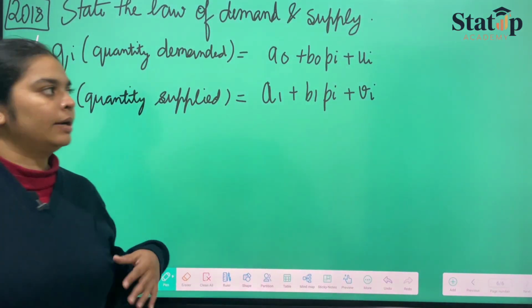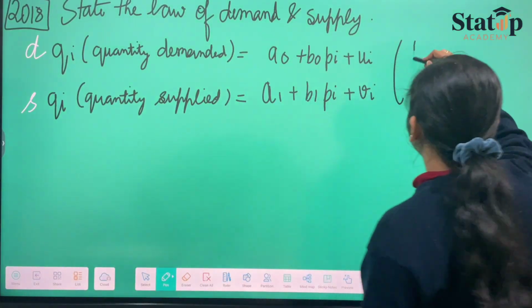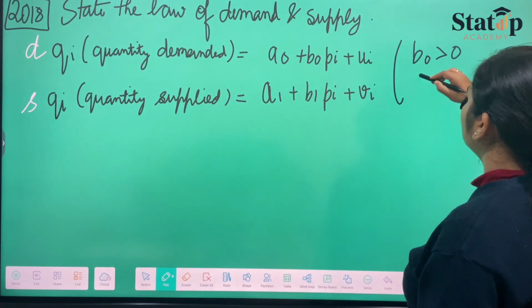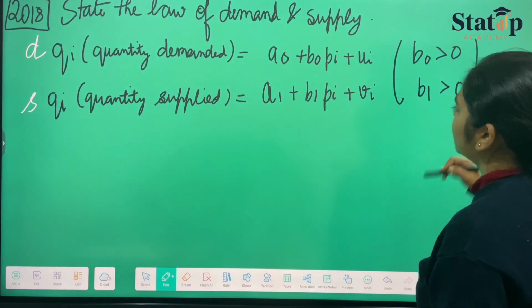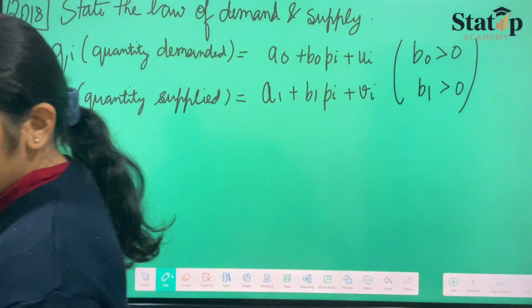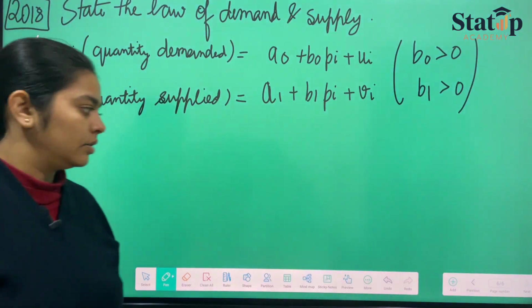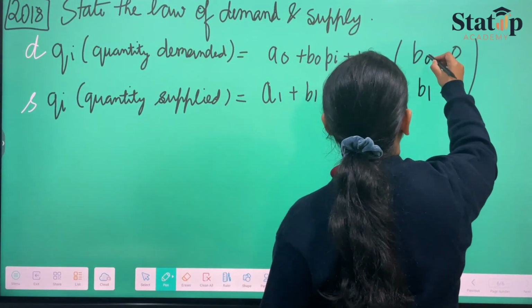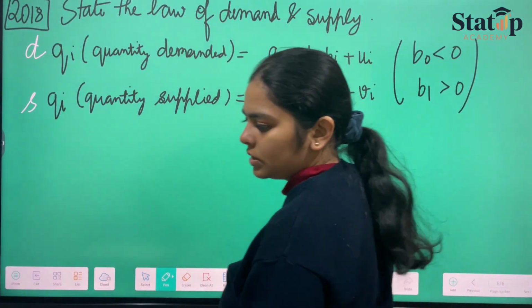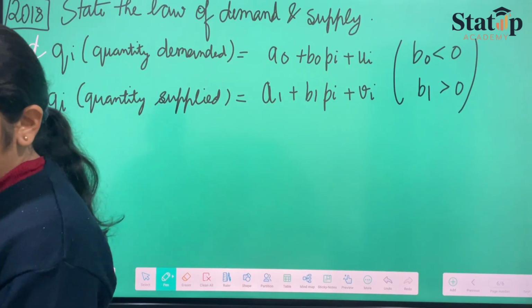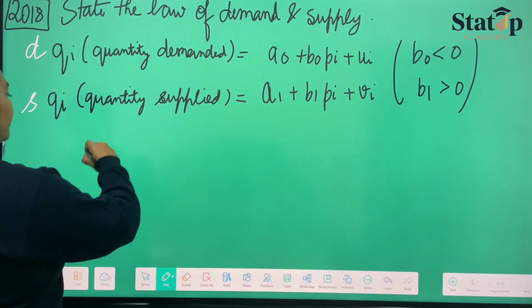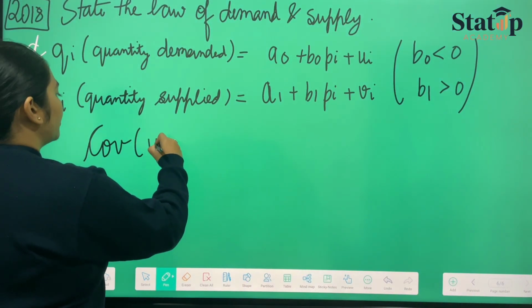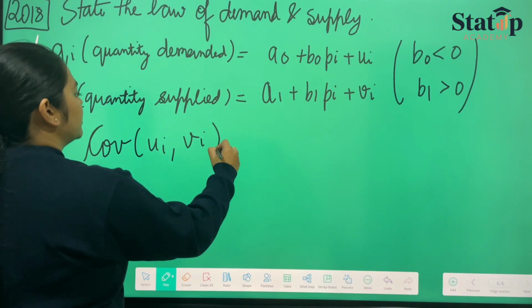For all B naught and B1, B naught is greater than 0 and B1 is also greater than 0. This has been provided. B naught is less than 0, sorry. B naught is less than 0 and B1 is greater than 0. And for the error terms Ui and Vi, the covariance between Ui and Vi is equals to 0.